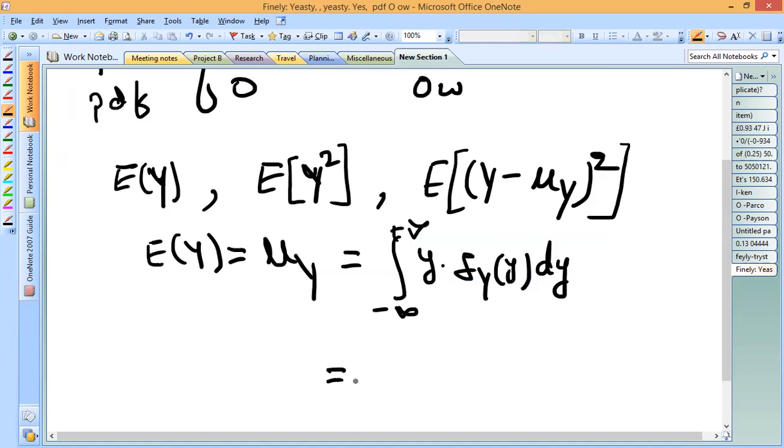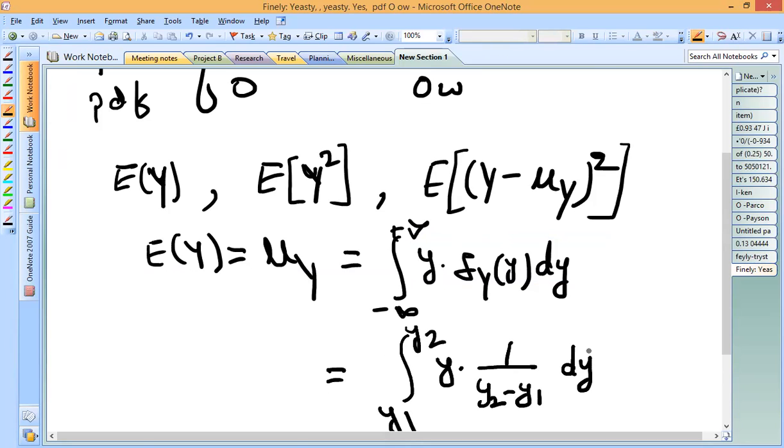According to the given PDF, fy of y exists only between y1 and y2. So this integral changes from minus infinity to plus infinity, to y1 up to y2, of y into fy of y, which is 1 divided by y2 minus y1, integrated with respect to y.